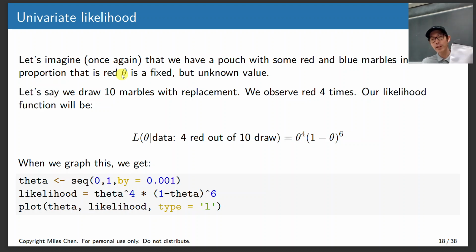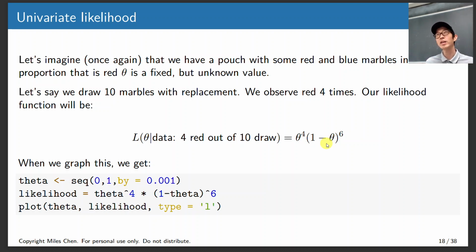Then whatever that theta is, the likelihood of our data, where I got 4 red marbles and 6 non-red marbles, would be theta to the 4, 1 minus theta to the 6. And we can do maximum likelihood estimation. If we drew 4 red marbles out of 10 marbles, our maximum likelihood estimate would be 0.4.